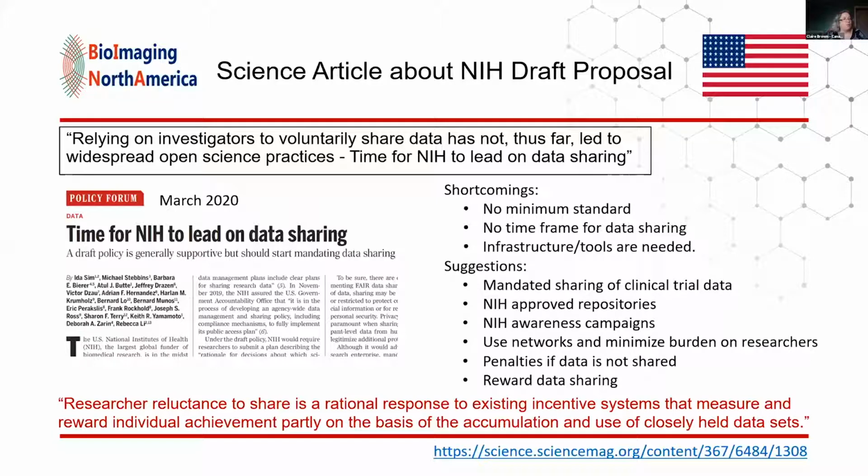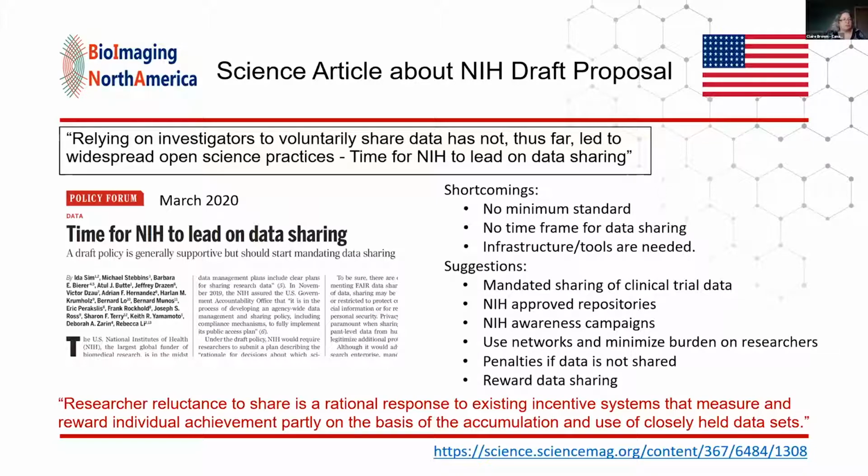So they talk about some of the shortcomings in the recommendations, and that they are recommendations and there's no mandatory aspect to it. There's no minimum standards that need to be followed, and no time frame for when data needs to be shared. And then, of course, the infrastructure and the tools in order to do this are needed. And one of the suggestions they make is to mandate sharing of clinical trial data as kind of a pilot project, just to see how this can be done well and done in cooperation with the NIH.